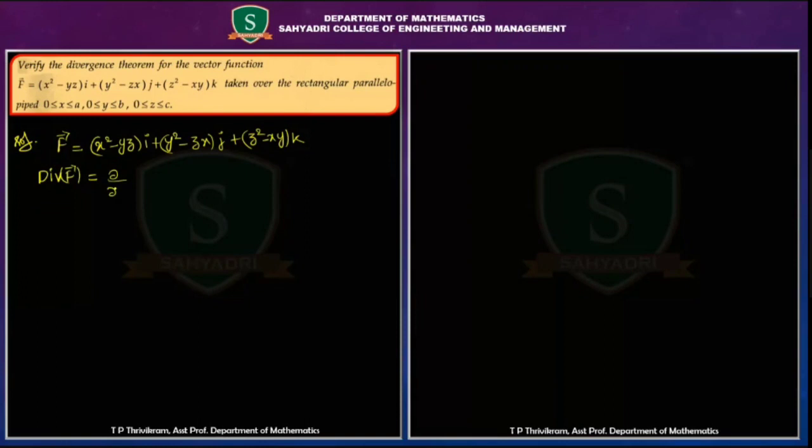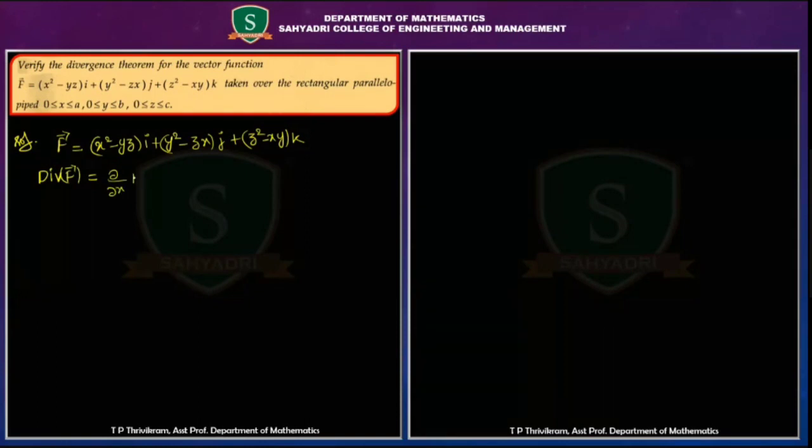Dou by dou x of f1 plus dou by dou y of f2 plus dou by dou z of f3. Okay. So what is f1, f2, f3? i coefficient is f1, j coefficient is f2, k coefficient is f3.